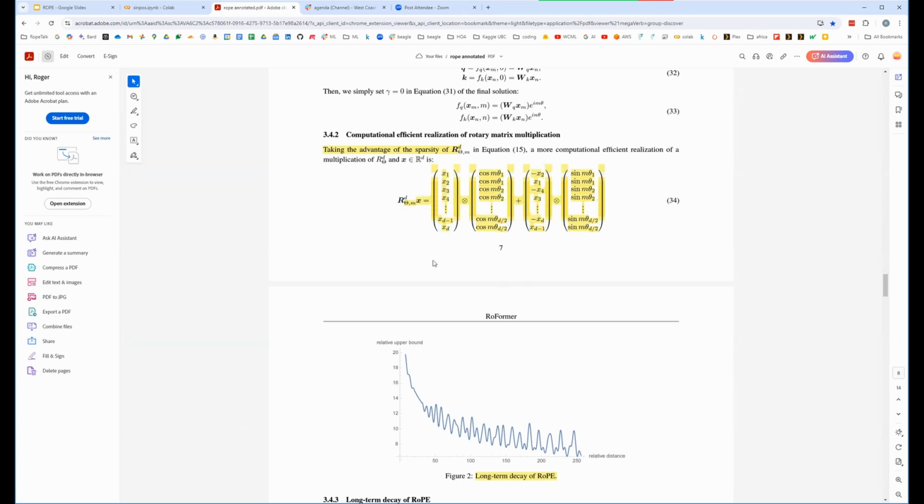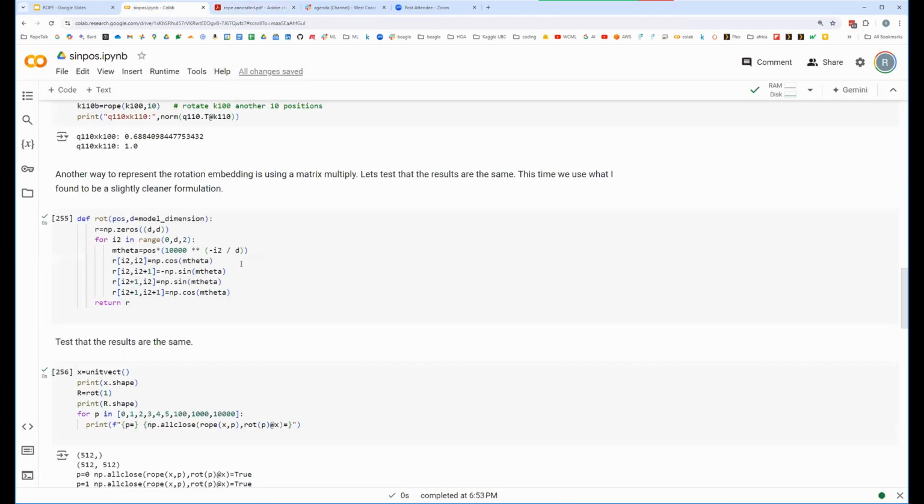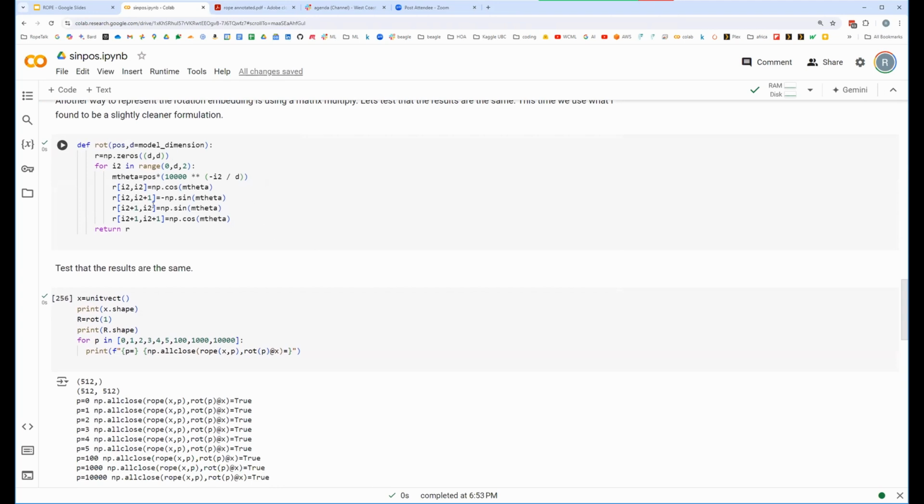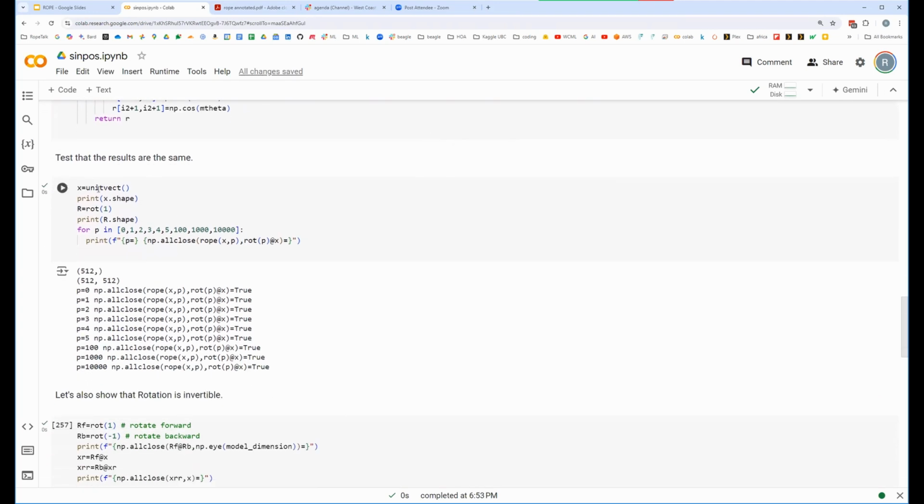So that's a second implementation. I implemented the first one, with slightly different notation. I didn't use the 1 through d over 2, but it basically implements the same thing.